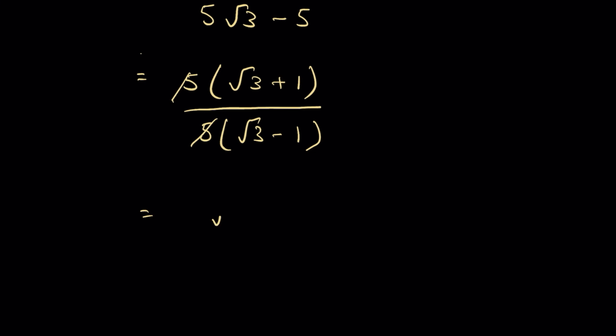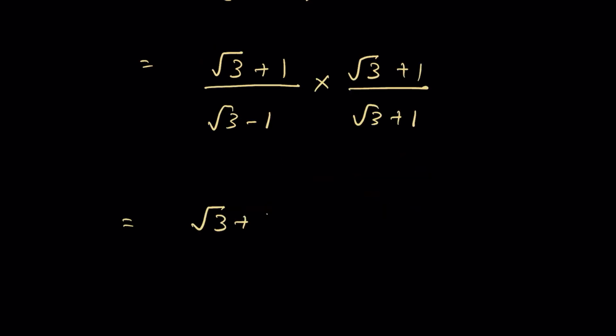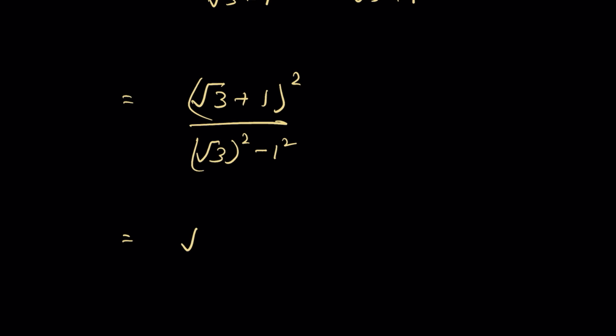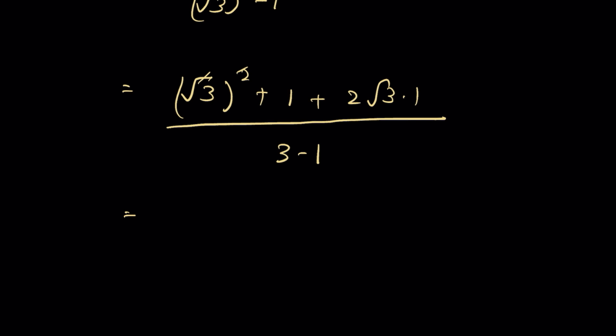Now let's rationalize the denominator. So √3 − 1, conjugate is √3 + 1, upon √3 + 1. So (√3 + 1)² upon (√3)² − 1², equal to (√3)² + 1 + 2 times √3 times 1 upon, remove the square root with the square, 3 − 1, which is 3 + 1 + 2√3 upon 2.